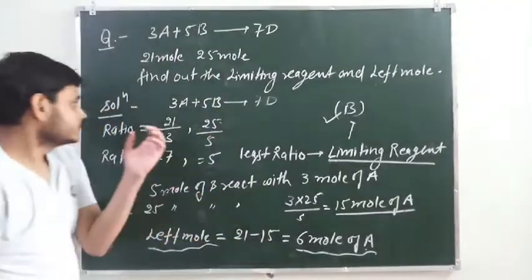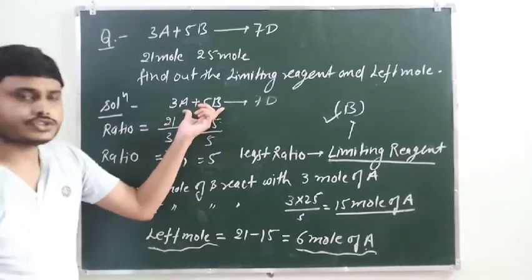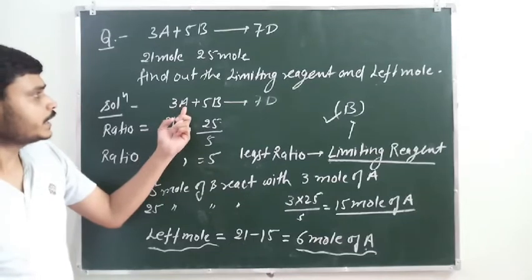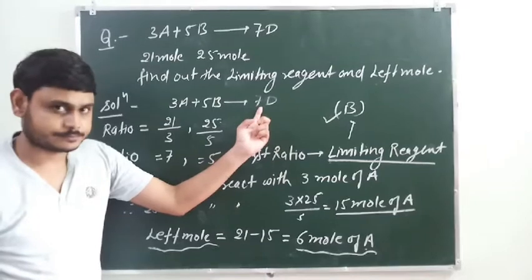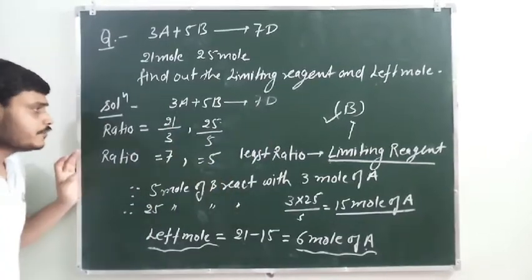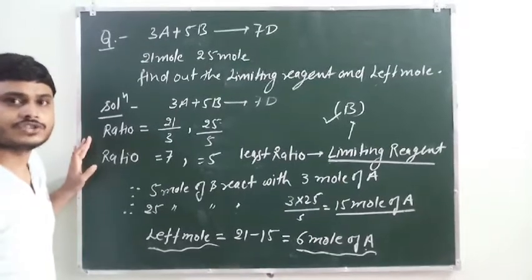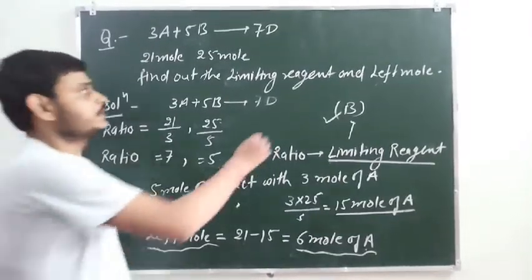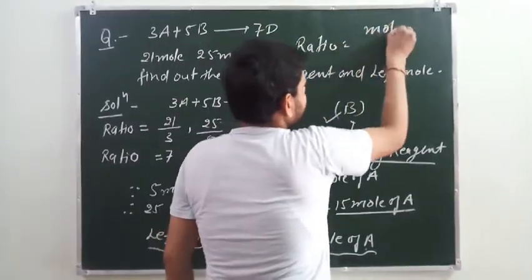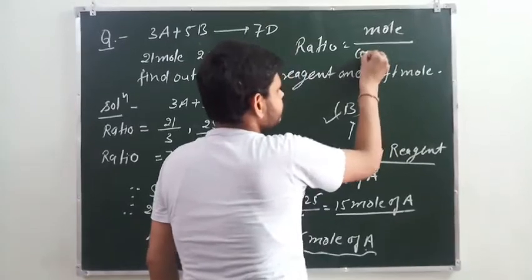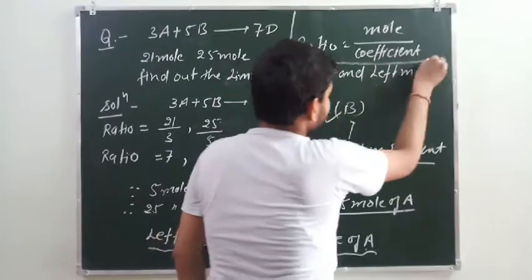Clear? And this is the solution, and this is the reaction given in the question: 3 mole of A react with 5 mole of B to get 7 mole of D. First, we have to find the ratio of mole and coefficient of every reactant.